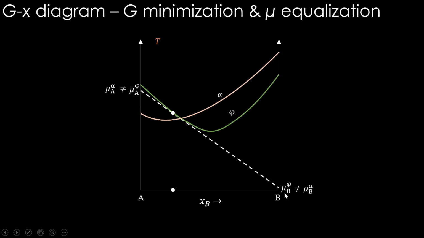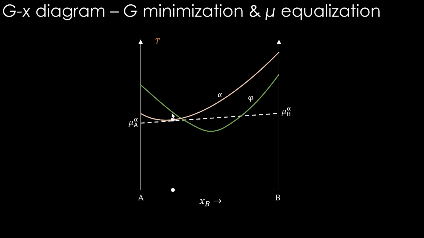No. Similarly, chemical potential of B in phi, is it equal to chemical potential of B in alpha? No, at this composition. So G is not minimum here. What is chemical potential of A in alpha and B in alpha? These are the values. Are they equal to chemical potential of A in phi and B in phi? No. Is the Gibbs energy minimum? No, because there is some other Gibbs energy curve which is lower than this. So in this case also Gibbs energy is not minimum.